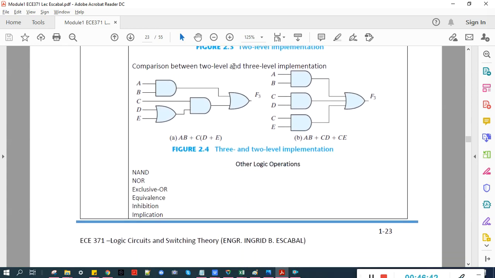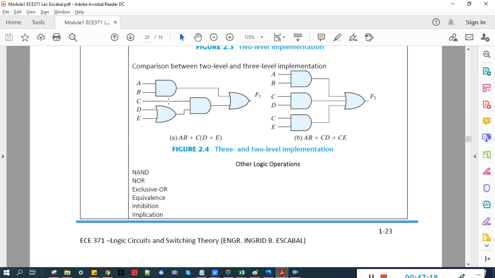Comparison between two-level and three-level implementation. We know that AB plus C times D plus CE is just equal to AB plus CD plus CE. This is the distributed equivalent of this, letter A. So, which one would you prefer, letter A or letter B?